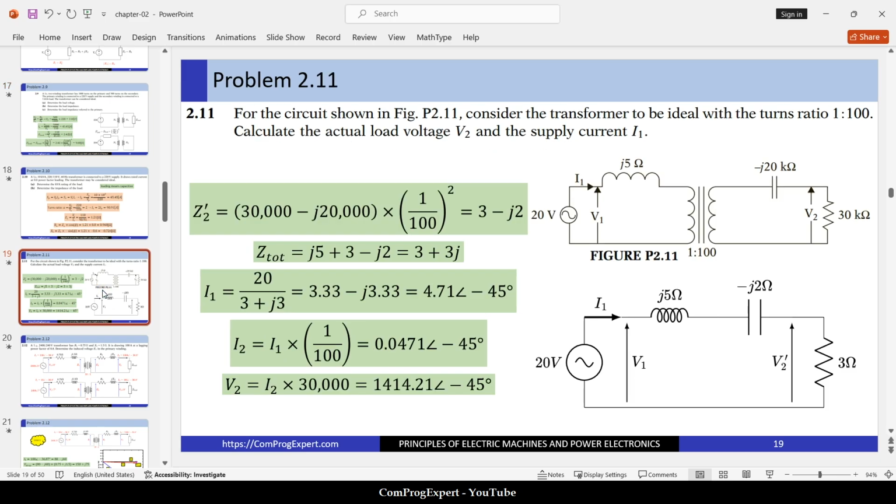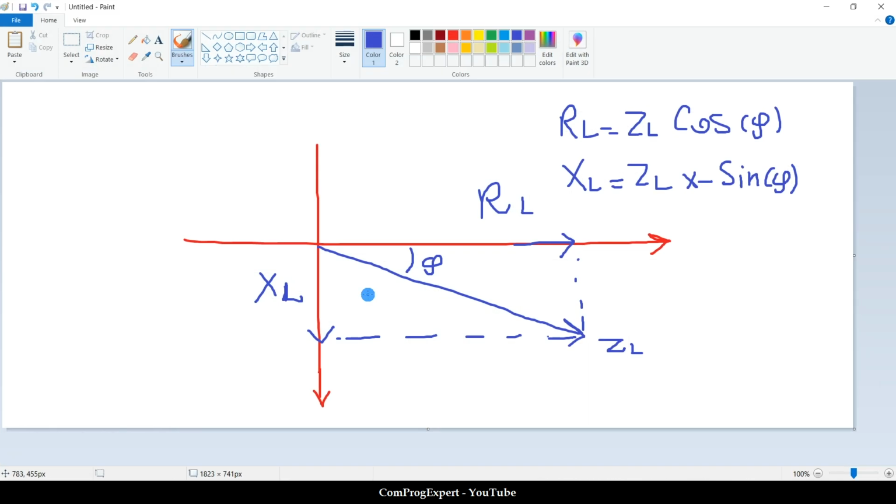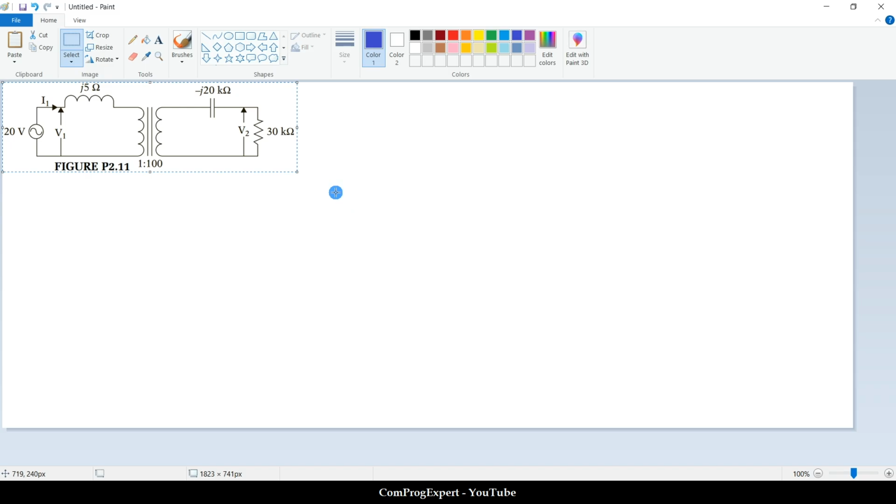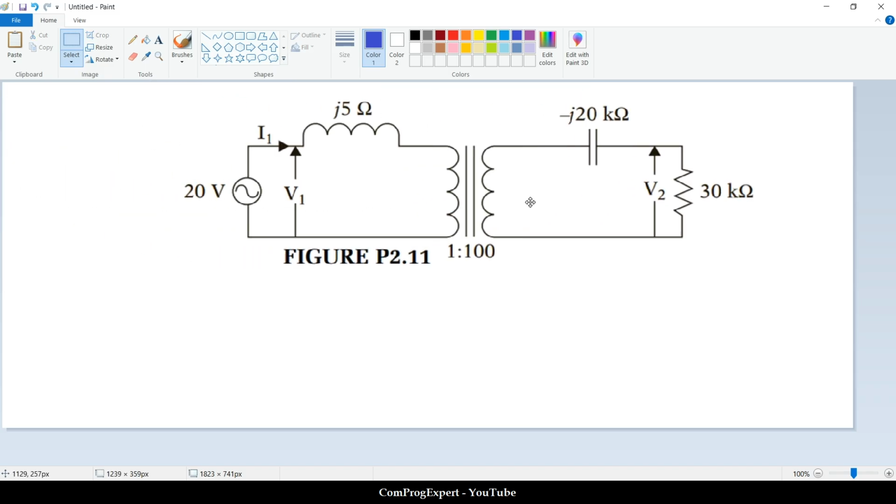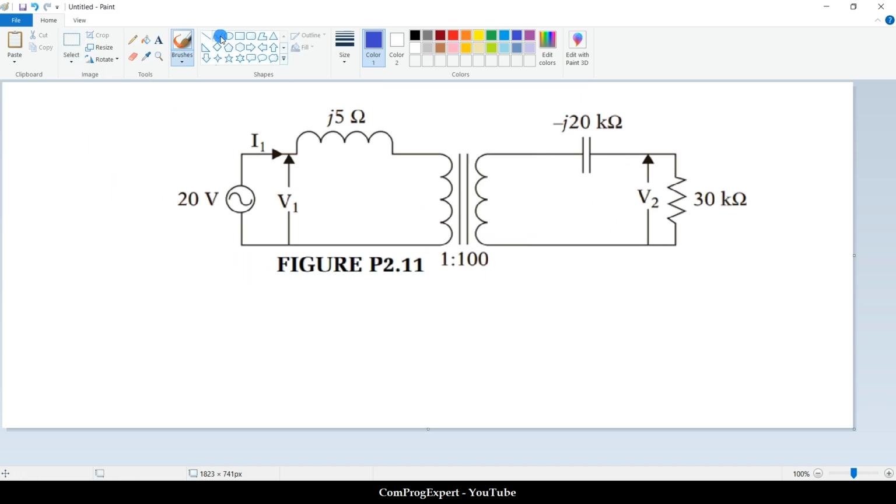So here, again, let me copy this. This is the circuit of the problem. How can we transfer these two components to the primary in this direction, right? First, you should look at the number of turns of this side, that is 1, then 100.